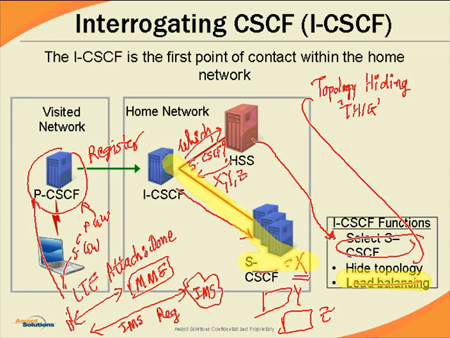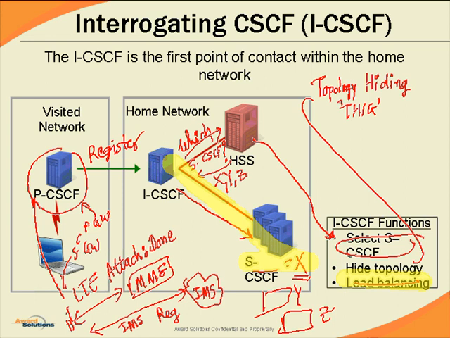So if you do not want others to find out your internal network topology, you can do that with the help of the interrogating CSCF. The path for the overall SIP signaling message is now encrypted, so you cannot go inside the SIP signaling message and figure out the internal architecture of some service operator.